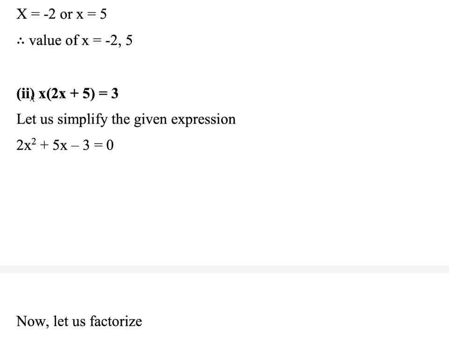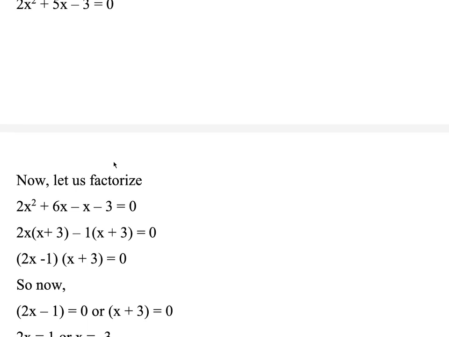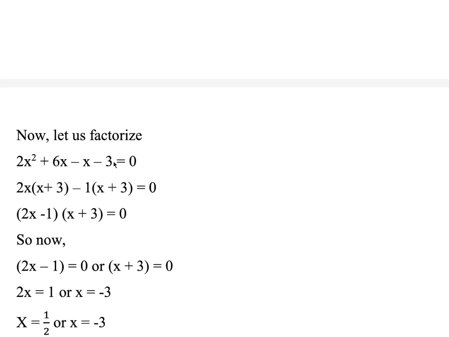Come to the next problem. x into 2x plus 5 is equal to 3. So let us simplify the given expression. 2x square plus 5x minus 3 is equal to 0. After that, by the middle term factorization method, 2x square plus 6x minus x minus 3 is equal to 0.